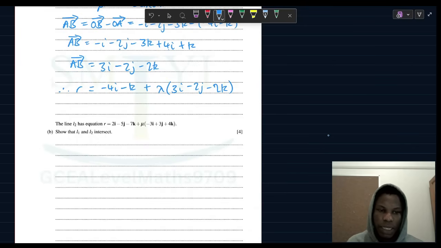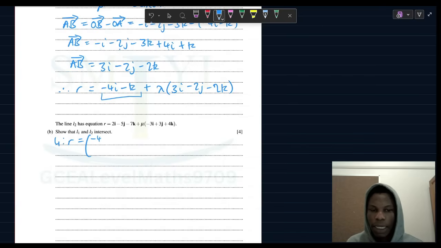So to do that, let's start off by rewriting this in column vector notation, because it's then easier to see what's going on. Line L1 becomes: the point is (-4, 0, -1), since we don't have a j component, plus lambda times the direction (3, -2, -2).